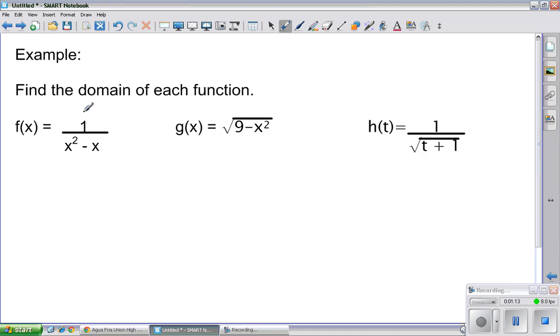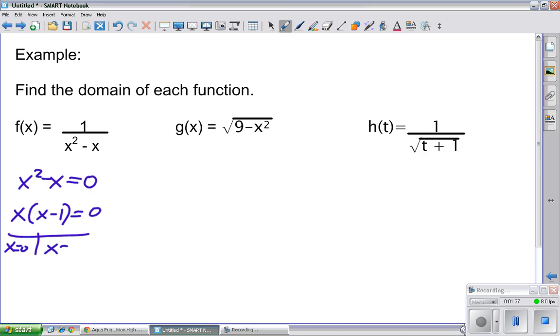A couple more examples. Another fraction one, the denominator can't be 0, so set it equal to 0 and solve. You'll find what it cannot equal. So in this case, we'll factor x minus 1. Tee it up, we get x equals 0 and x minus 1 equals 0, so x equals 1. So x cannot equal 0 or 1.